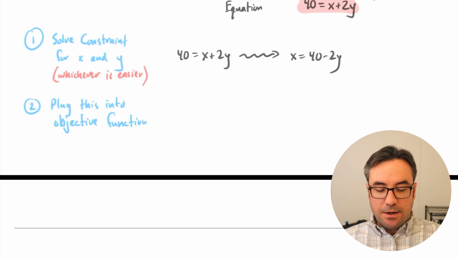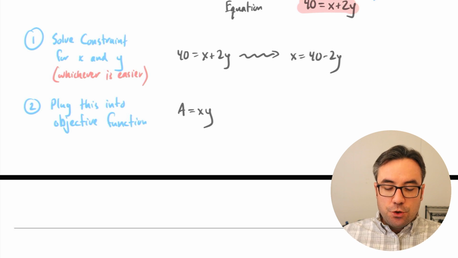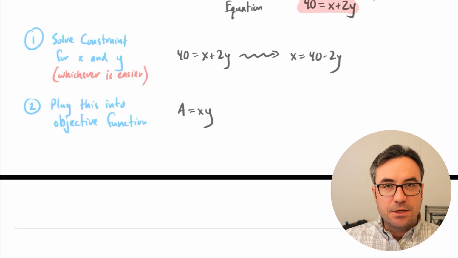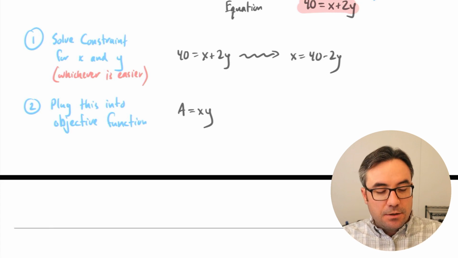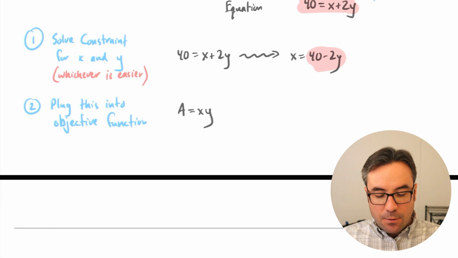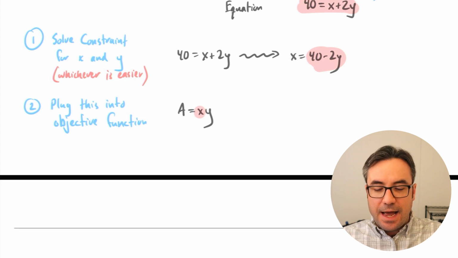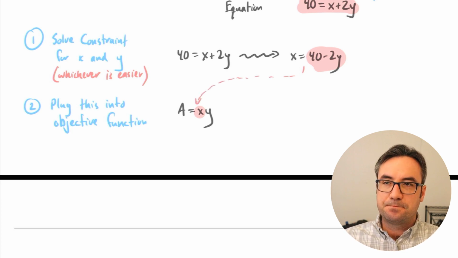So let's write down our objective function. A is equal to x times y. So it's our two-variable function here. Right now it's still in terms of both x and y. But we're going to take this nice little formula we found for x, and plug it in wherever we see an x. So it's going to go in right there.